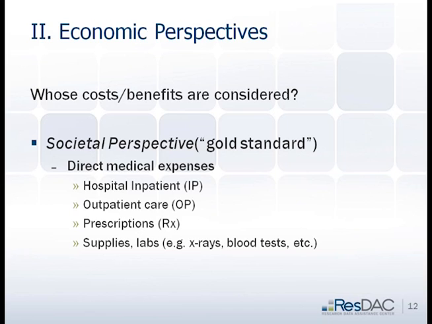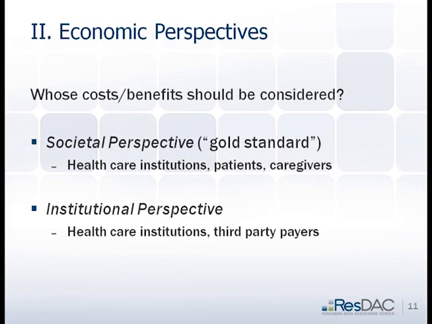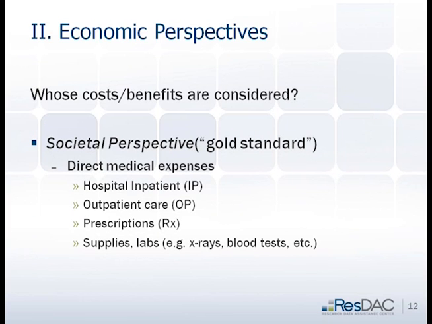So what we start with first are the direct medical expenses. Those are, from the healthcare institution's perspective, the third-party payers. Then, from the claims data, you can glean these direct medical expenses, expenses associated with inpatient, outpatient, prescriptions, as well as supplies, labs, et cetera. That you can find in the claims data.